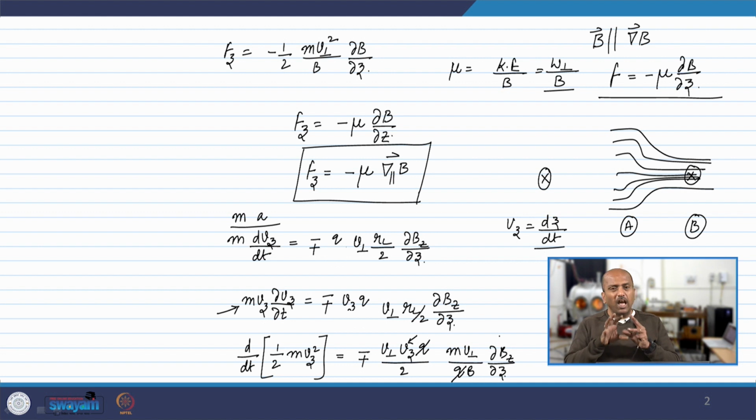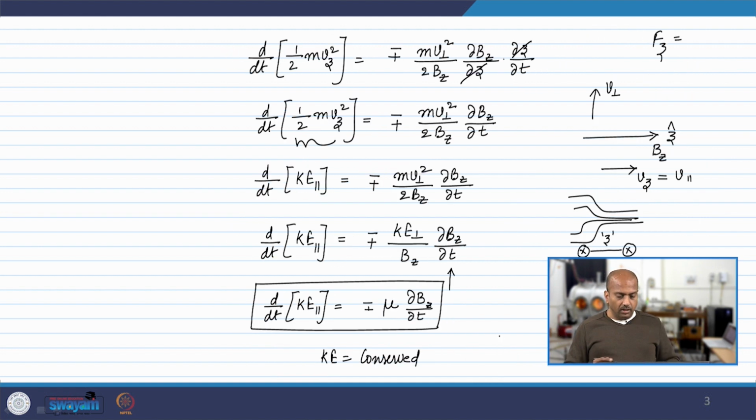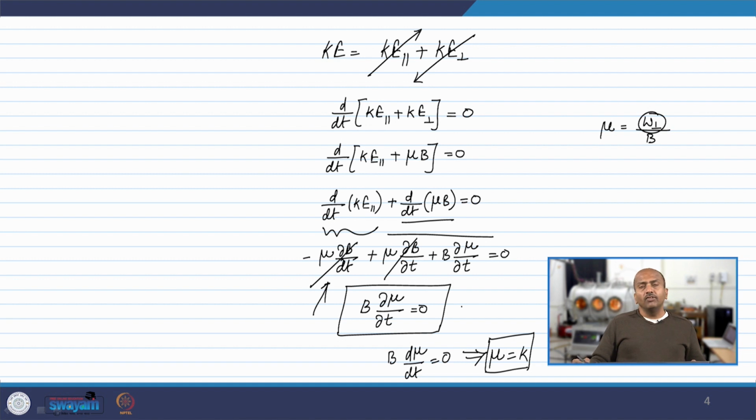Right. Now, we have a measure of the rate of change of parallel kinetic energy with respect to the rate of change of magnetic field. That relation is this expression. Then we did a simple rearrangement of the terms, in which we got that if the parallel kinetic energy is changing, then it has to be compensated by the perpendicular kinetic energy.